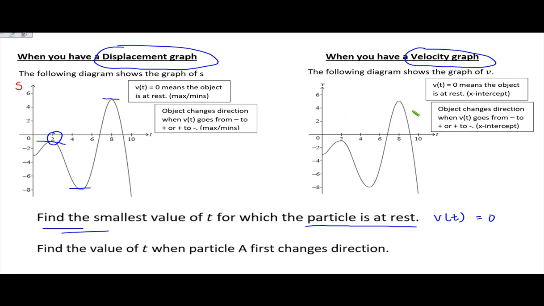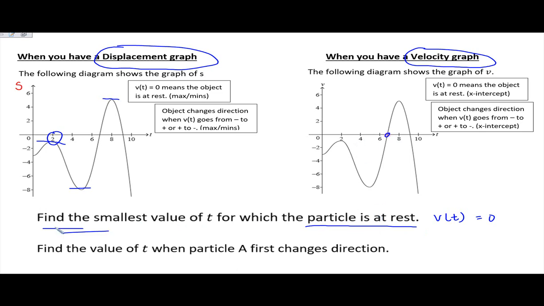So if you're asked, find the smallest value of t when the particle is at rest, the particle is at rest when velocity equals 0. This is the velocity graph. Where's the first time it equals 0? The first time it equals 0 is right there. So your answer for this question would be whatever that x value is right there.